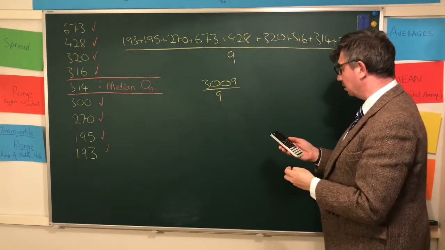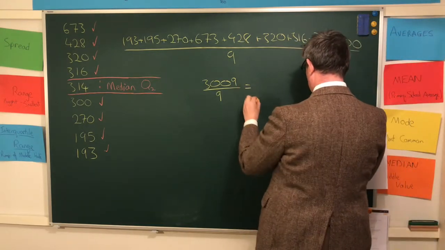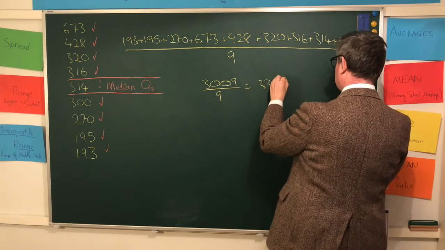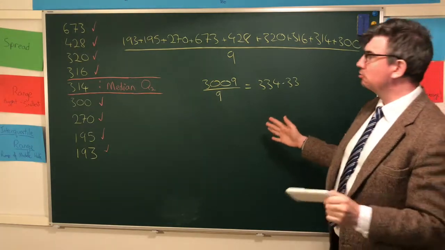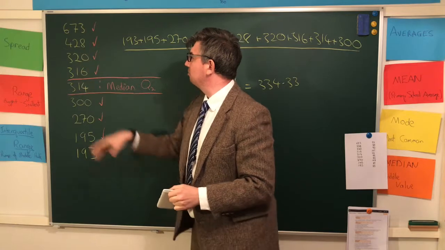Check my answers, do not believe me. And that's equal to 334.33. And that seems about right. It looks like a number that's in this area in here somewhere, okay?